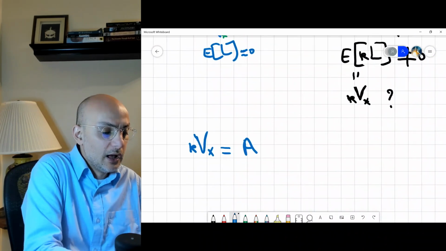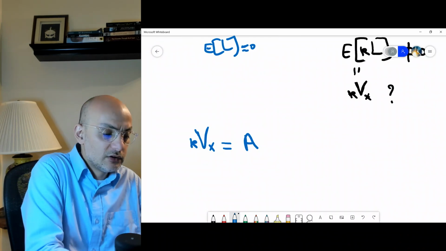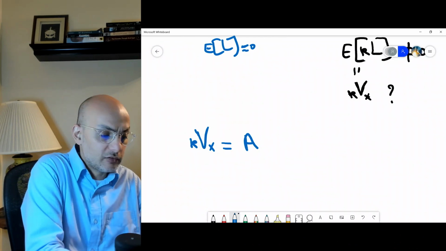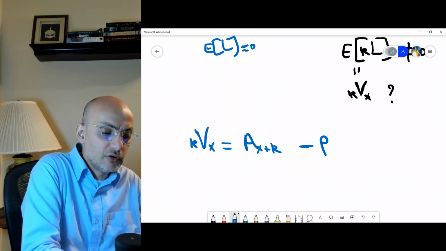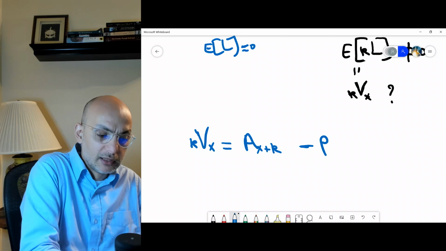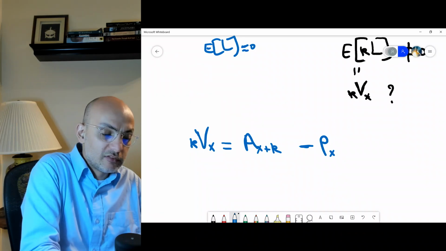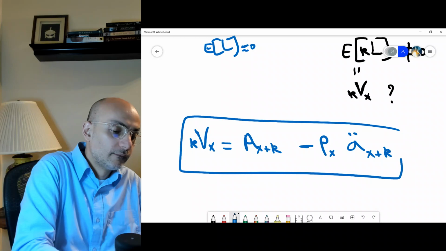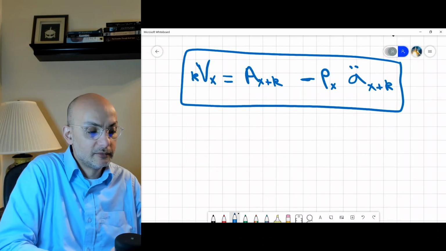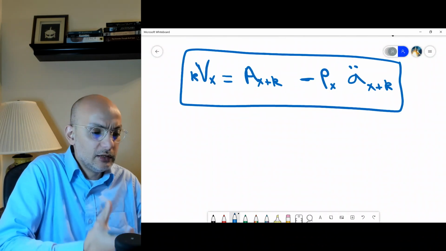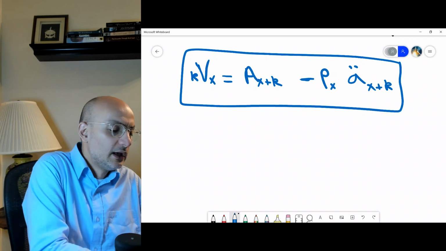So what is the actuarial present value of the unit of insurance for the future, X plus K? And what is the actuarial present value of premiums collected? The premium was determined already at time X, but now this is the discrete case, so we need to see the annuity at X plus K. This one is very, very important to memorize. But it's logical. I really don't memorize formulas. It's logical for me.